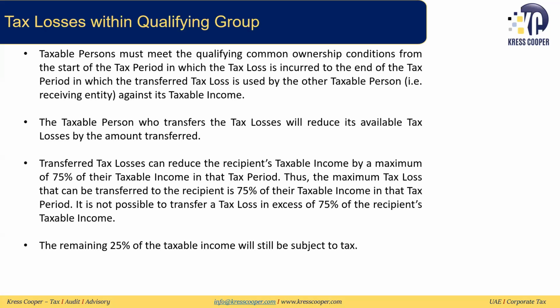It can only be utilized up to 75% of taxable income. The remaining 25% is subject to corporate tax. The same way, when you're transferring the loss, you cannot transfer 100% of the loss; it depends on how much profit the other company you're transferring it to has. It still has to be 75%, and 25% will again be taxable for them.